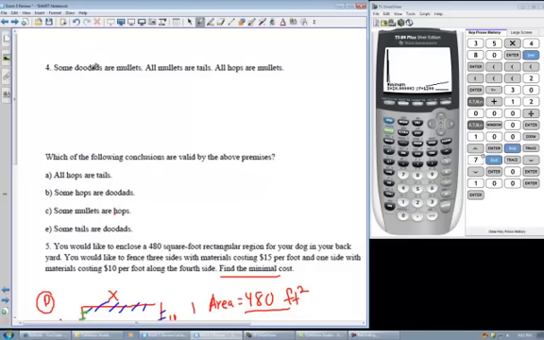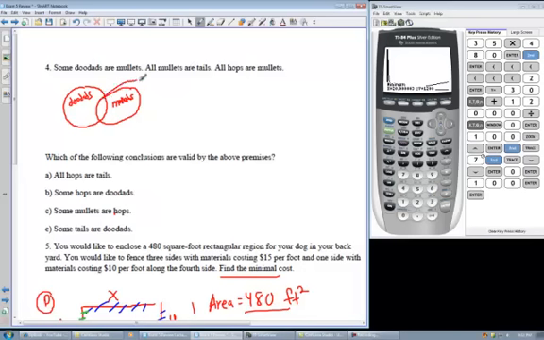So draw some pictures. So some doodads are mullets. So what you can do is you can draw a doodad circle. So this is my doodads. And now some just tells me it overlaps a little bit. So this is my mullet circle. So that's mullets. And then I get to the next one. It says all mullets are tails. And so I'm going to draw a tails circle.